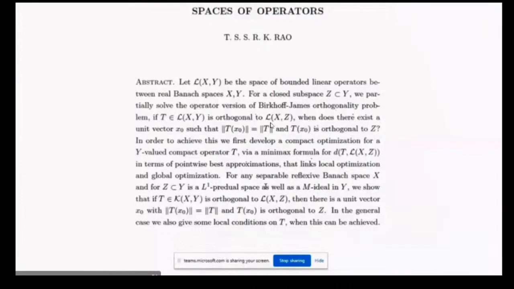So in order to achieve that, you have to develop a compact optimization for the space of all operators. I tried to do this problem initially in the spaces of compact operators, and I would need to then develop a minimax formula which would allow me to estimate the distance between T and L of X,Z in terms of point-wise best approximation, so that this approach links what is called a local optimization to a global optimization problem.